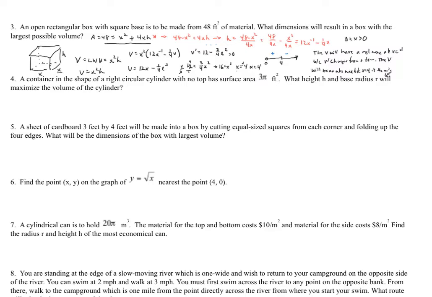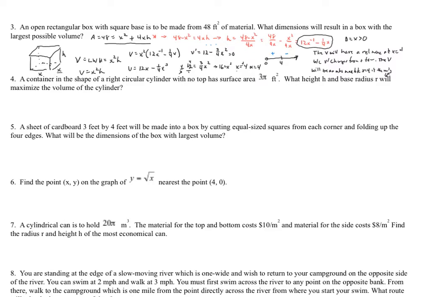We need to give the dimensions, and our dimensions are going to be x by x by h. And let's see, h is back over, where's the easiest place maybe to put it in? Should we try there?